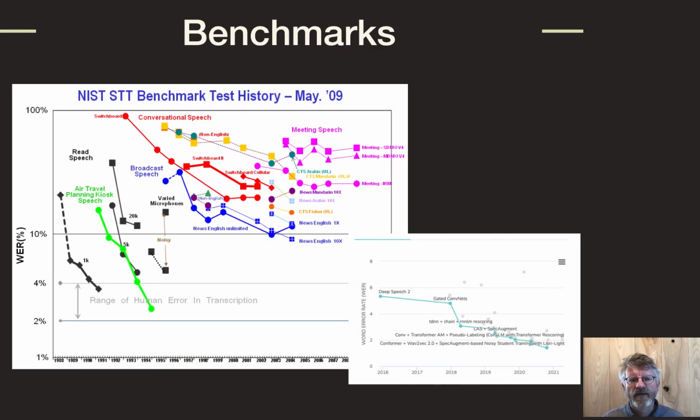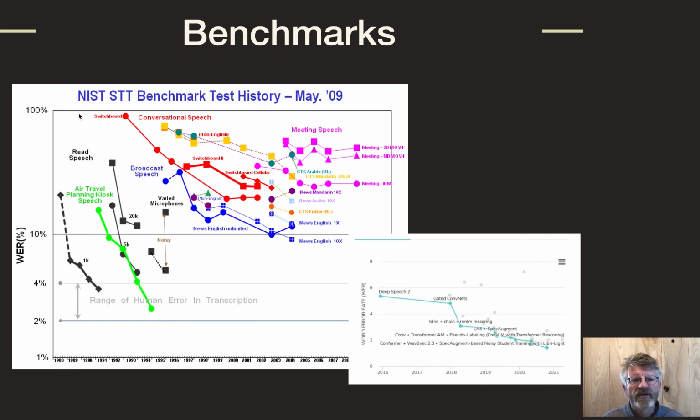Speech recognition became ever better, and we measured that with all kinds of benchmarks. So this is a summary overview of all the different NIST, National Institute of Standards, benchmarks until 2009.